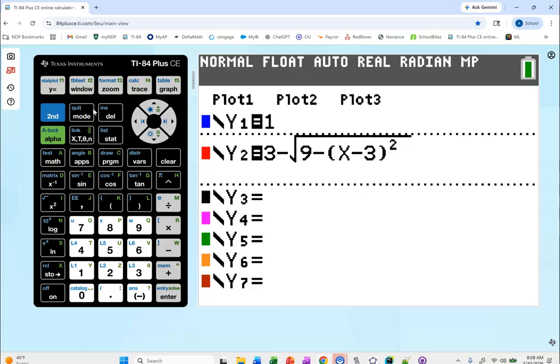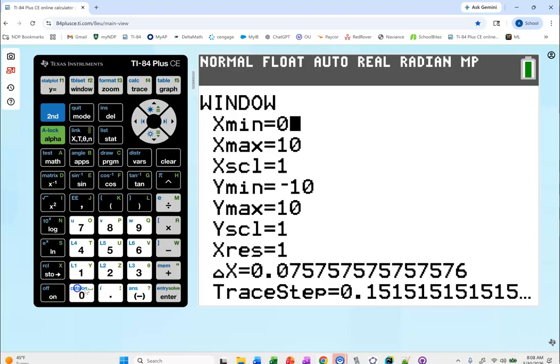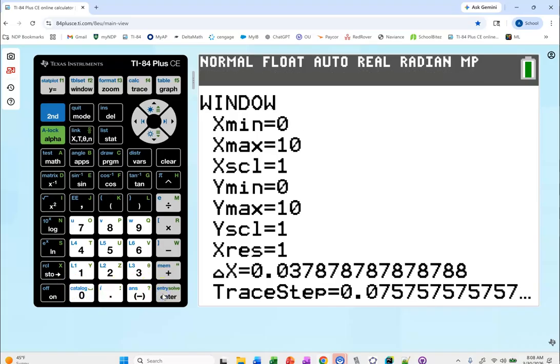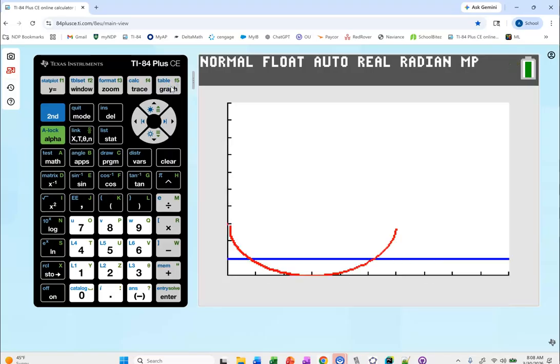Everybody's okay there? Since it's bounded by the x and y axes, I'm just going to go from 0 to 10 on both x and y because I'm really only concerned about the first quadrant.